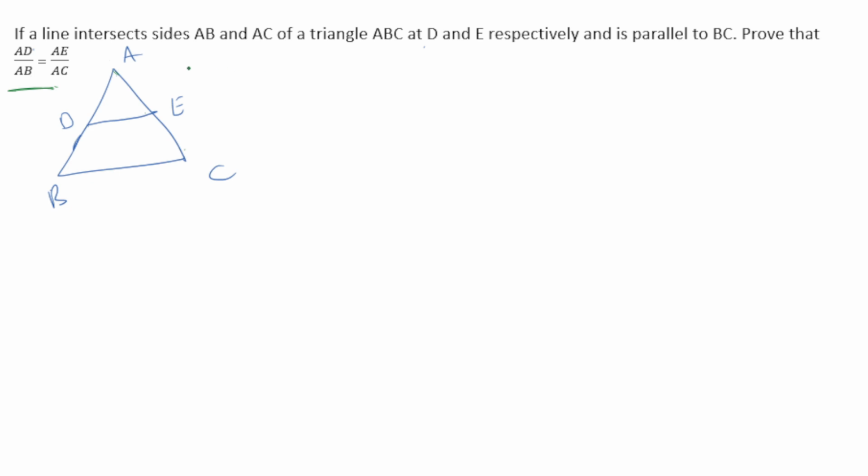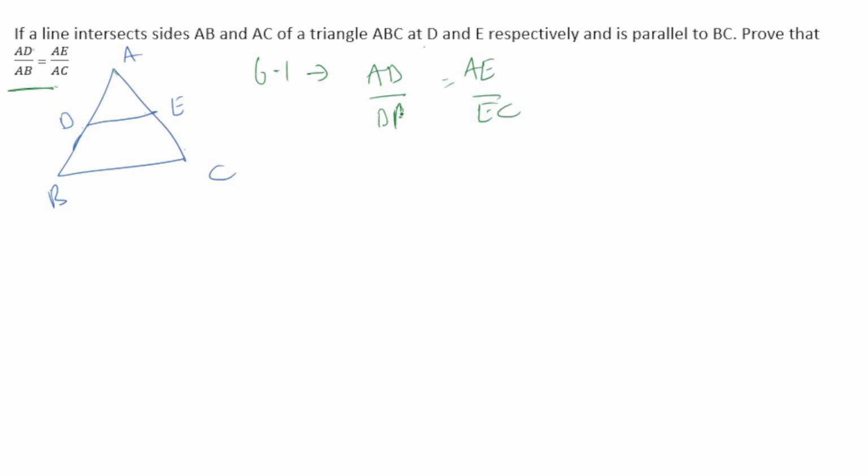So by theorem 6.1, what is theorem 6.1? If a line is drawn parallel to a side of a triangle, then the line divides the other two sides in the equal ratio. That means AD divided by DB is equal to AE divided by EC.